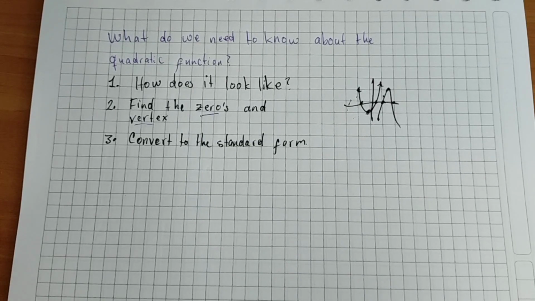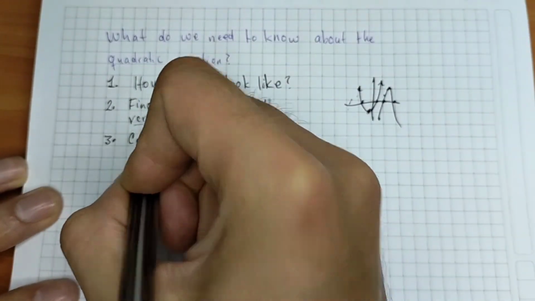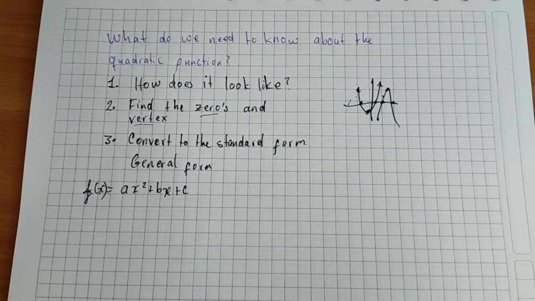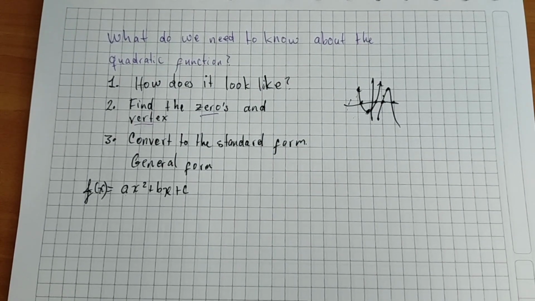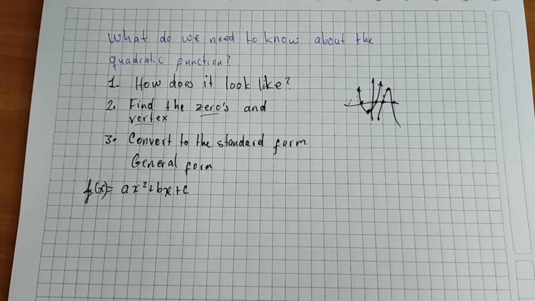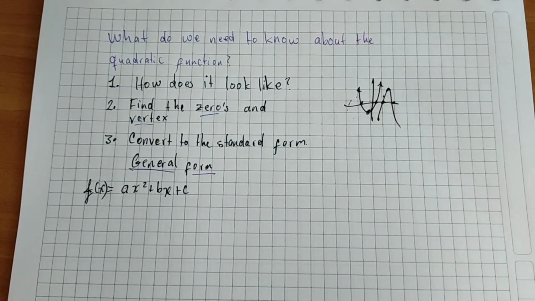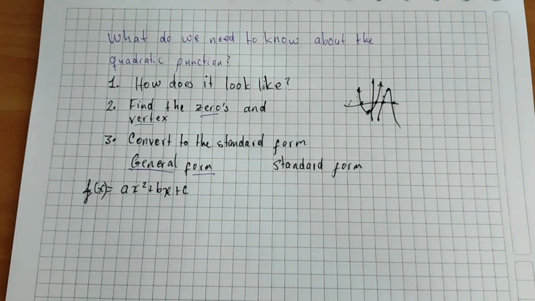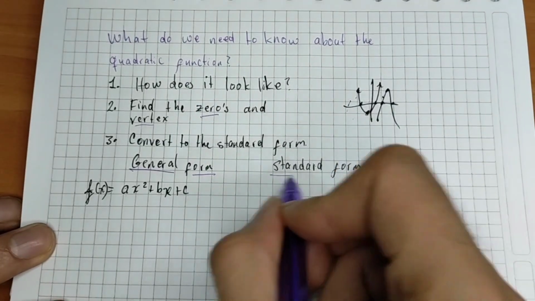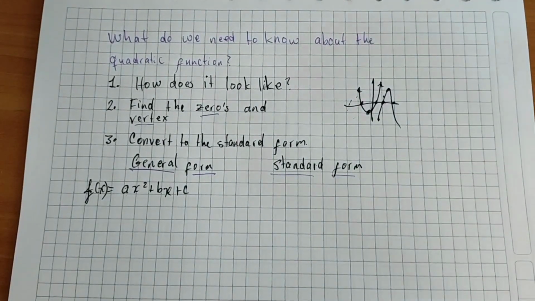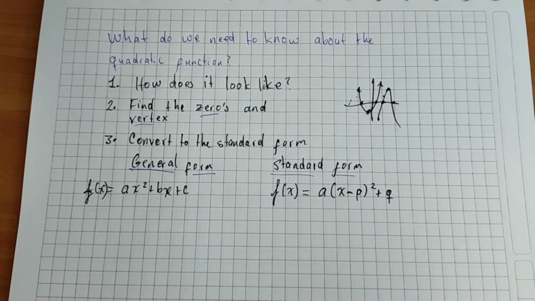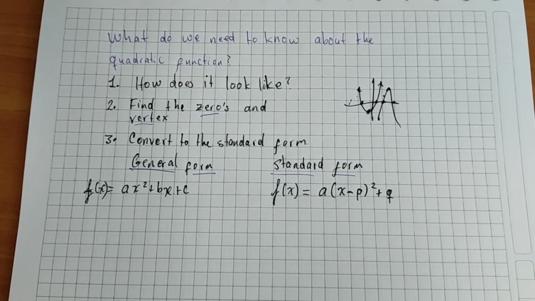We have a general form. In the general form, we have that the function of x is equal to ax squared plus bx plus c. This is the general form. Now, there is an alternative form to represent the same function that is known as the standard form. And this standard form can be represented as the function of x is equal to a times (x minus p) squared plus q.